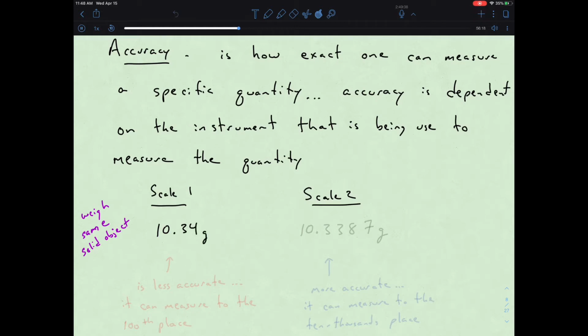And then on the other scale, I get 10.3387 grams. Here we see a difference in accuracy. Scale on the left is less accurate.